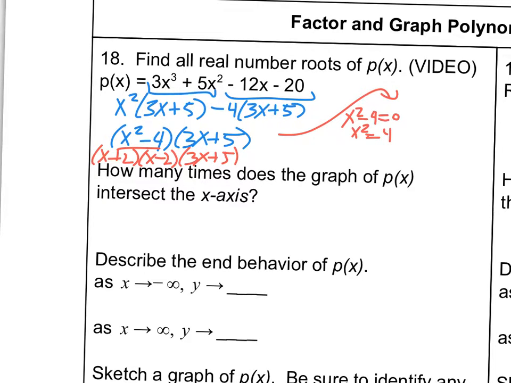When we take the square root of both sides, we get x is equal to 2 and x is equal to negative 2. Those are the same 2 zeros I would have gotten from that. Then we got 3x plus 5 is equal to 0, which means that 3x is equal to negative 5, and x equals negative 5 over 3.